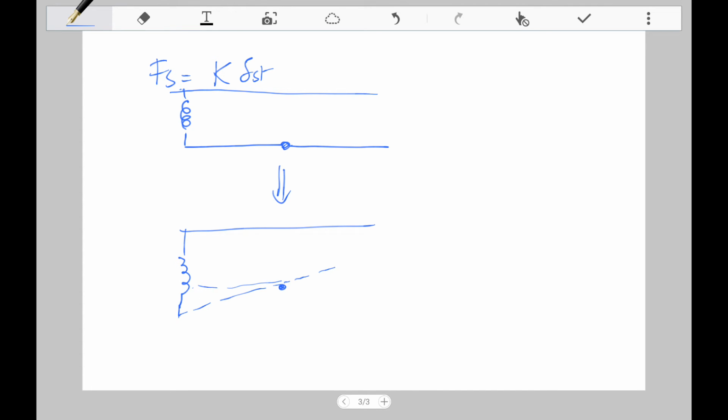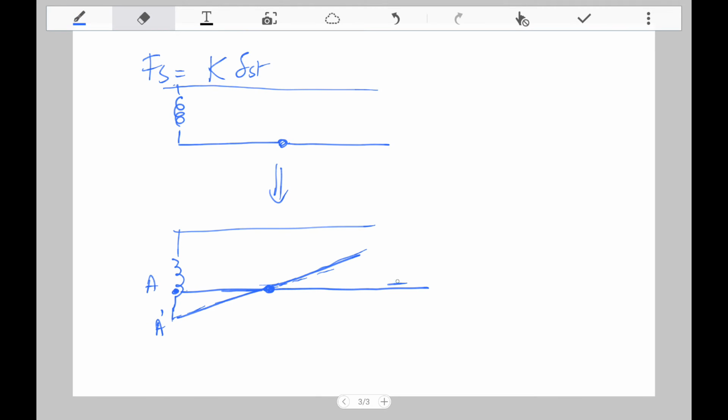It moved from point A to point A naught. So that's our theta.